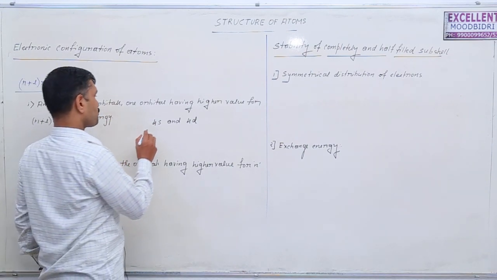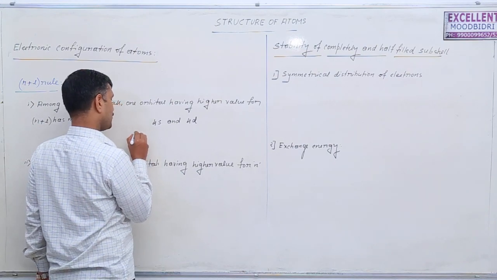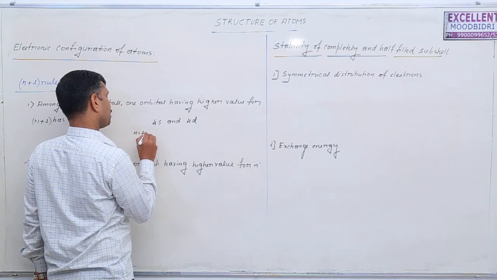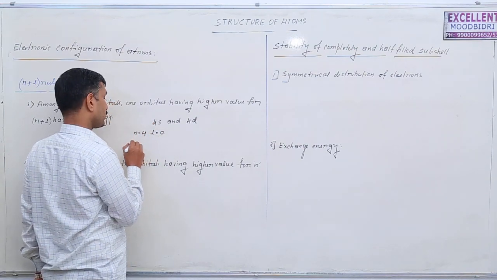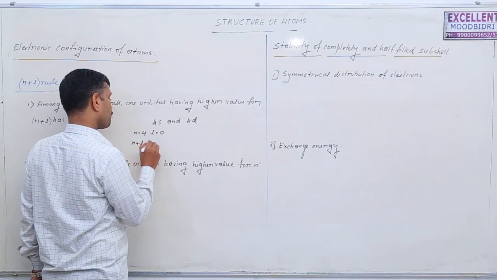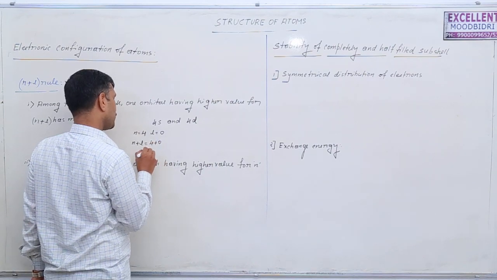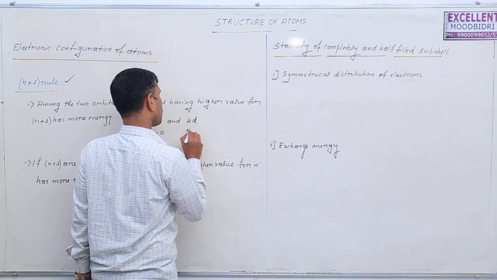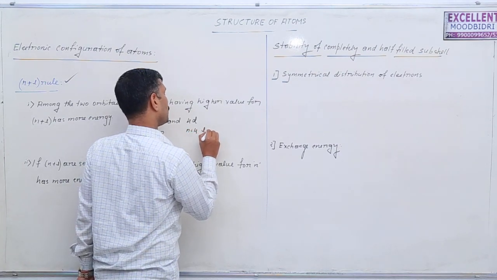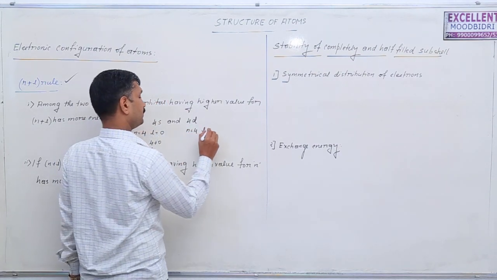For a 4s orbital, n equals 4, l equals 0, since for an s orbital l equals 0. So n plus l is 4 plus 0, equal to 4. For a 4d orbital, n equals 4, l equals 2.